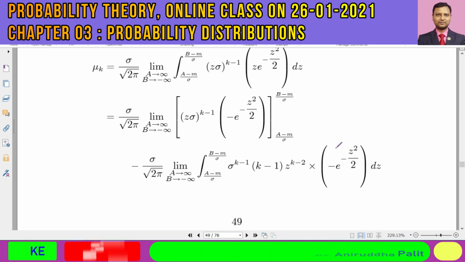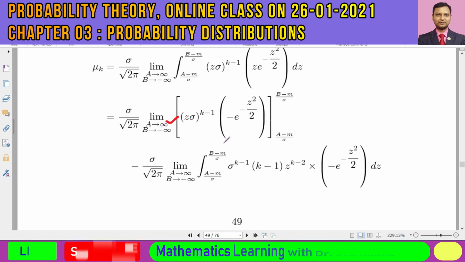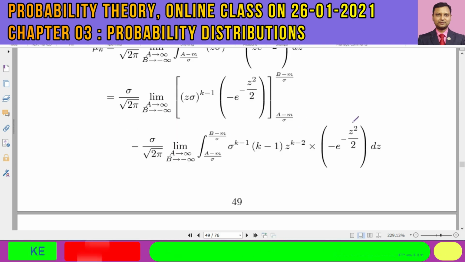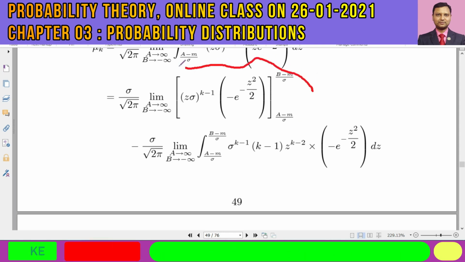Now if we put the limit a tending to minus infinity and b tending to plus infinity, by repeated application of L'Hopital's rule we will be able to find that, after taking the upper and lower limit, the value of the entire expression becomes equal to 0. Got it?